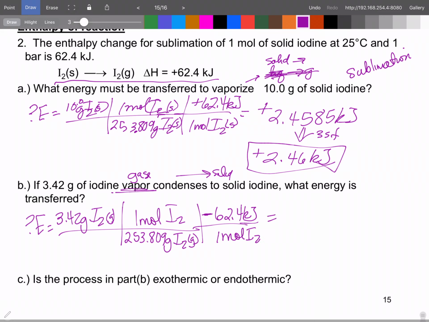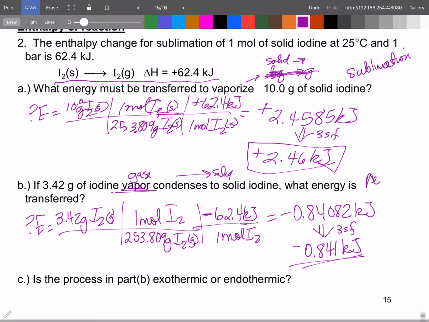So that means that you get negative 0.84082 kilojoules, which again, 3 significant figures, 0.841 kilojoules. All right, and remember, you've reversed the equation, so you flip the sign.